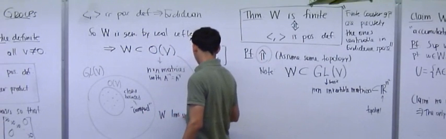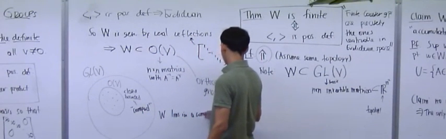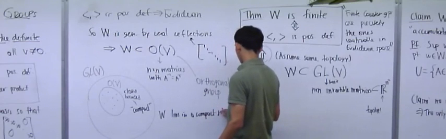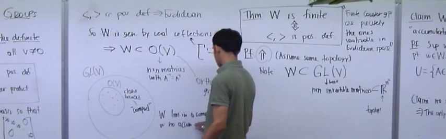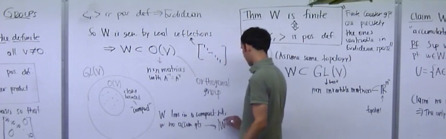Because W lives in a compact set with no accumulation points, it must be finite.